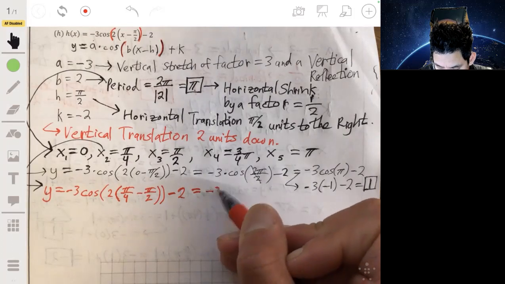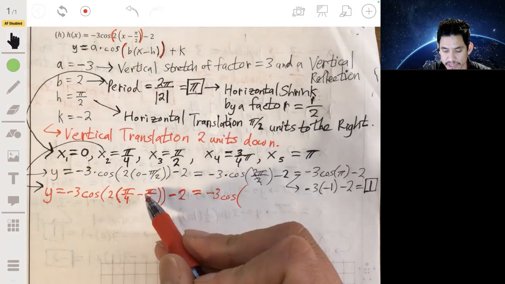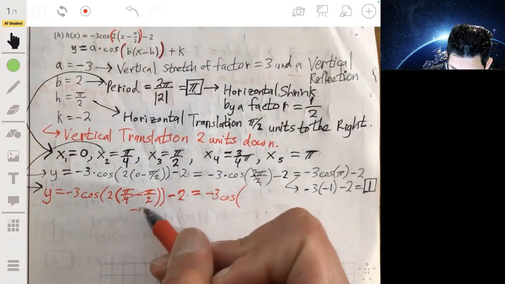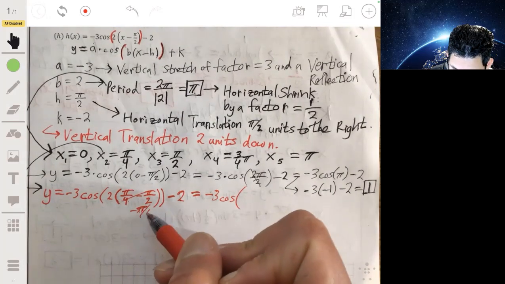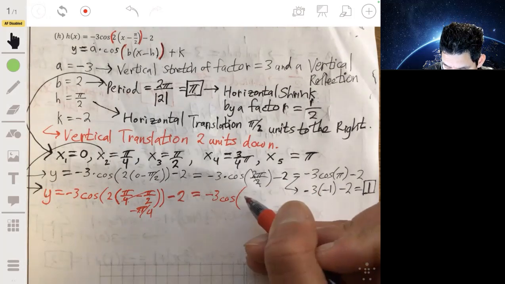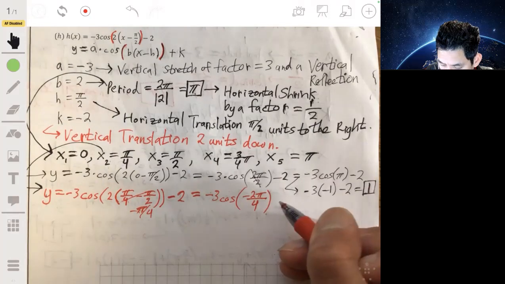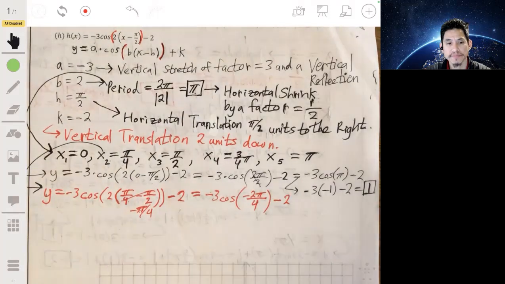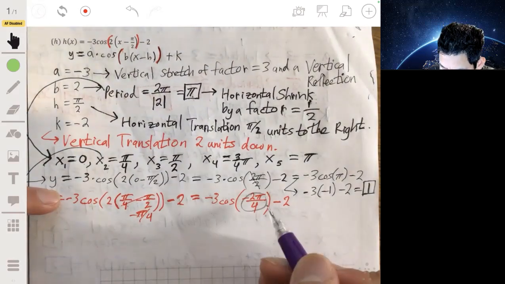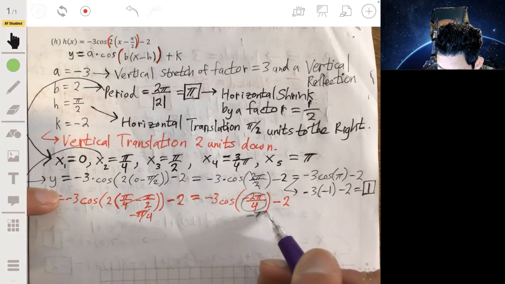Pi over 4 minus pi over 2 is negative pi over 4. And 2 times negative pi over 4 is negative 2 pi over 4, which is just negative pi over 2.